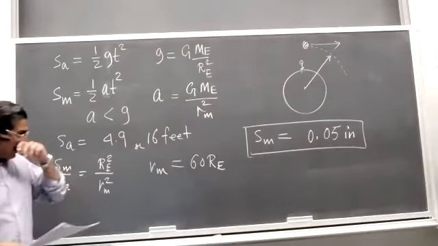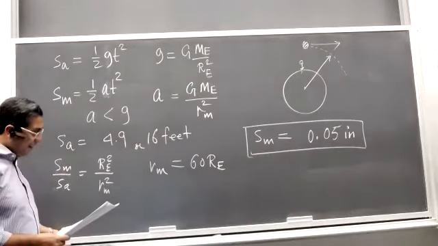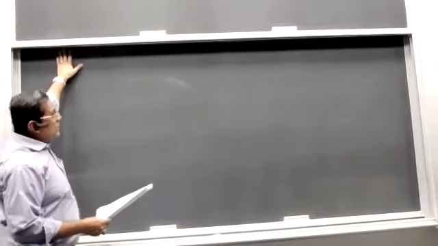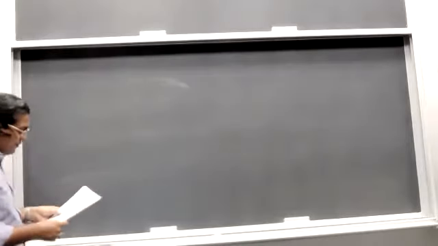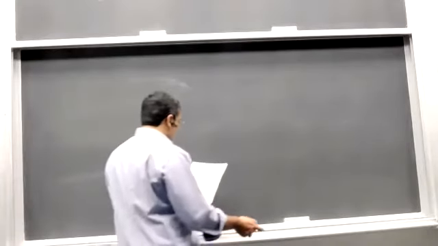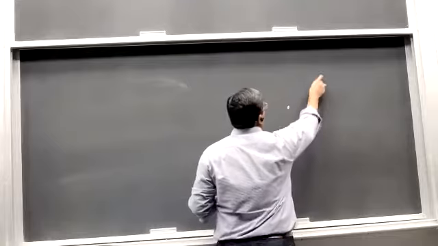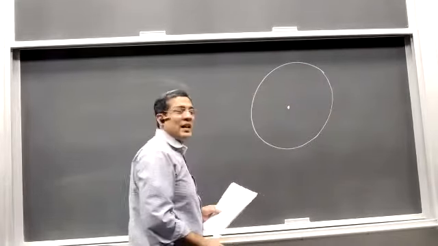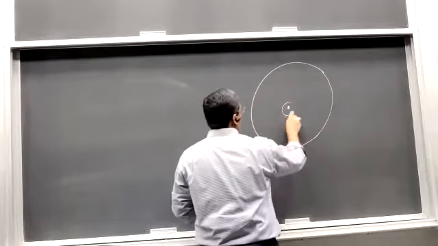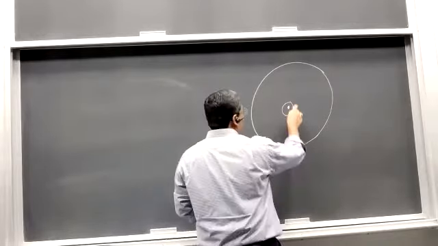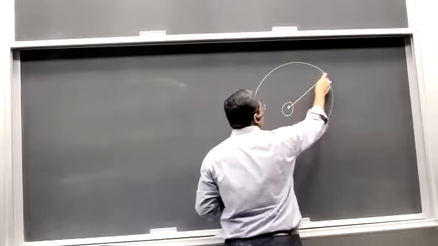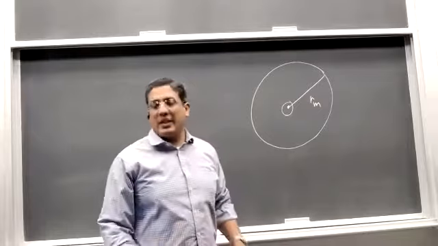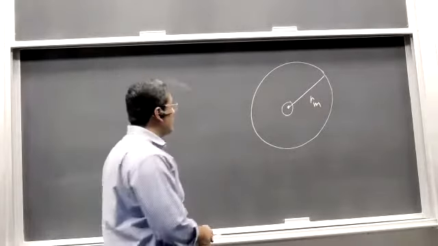All right, and now let's see. We calculate the same thing using a different approach. Okay. Now let's say this is the orbit, and Earth is here, and this distance is RM. Okay. Someone is not muted, please.